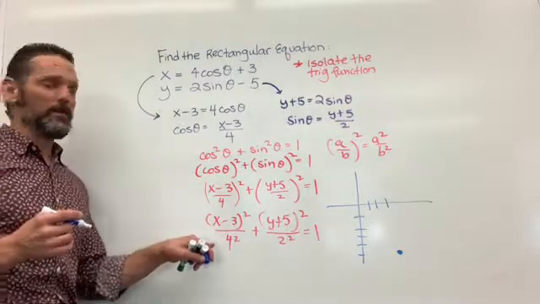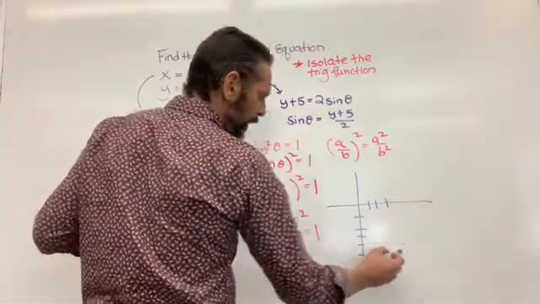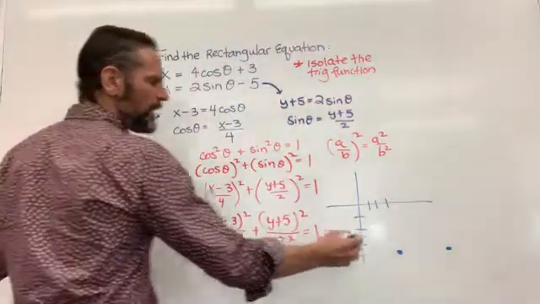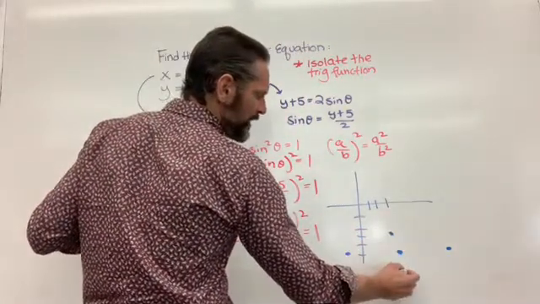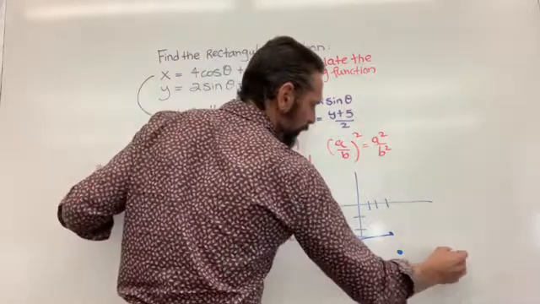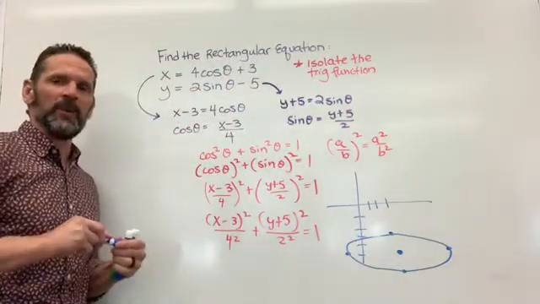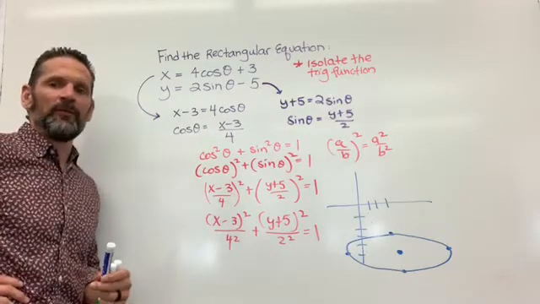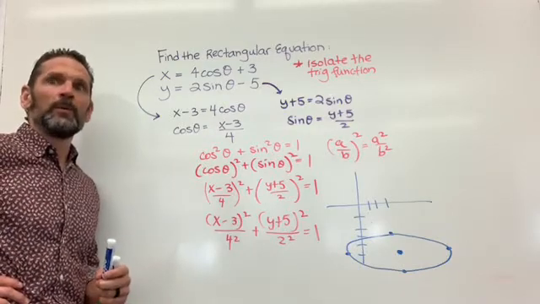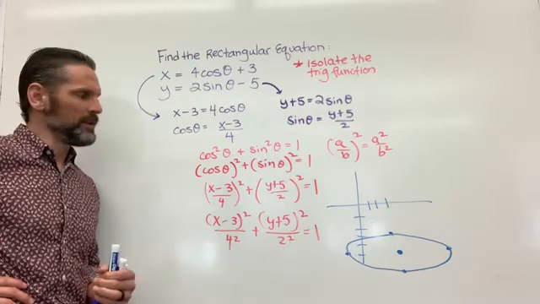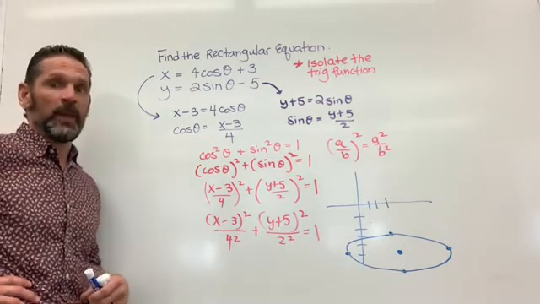So for the major axis, I'm going to go left 4 and right 4, and up and down 2. So I can draw a rough sketch of that. And from our time with ellipses, we know a is always biggest, so we could find the distance to each of the foci by doing b squared plus c squared equals a squared. Not a big deal for us at all.